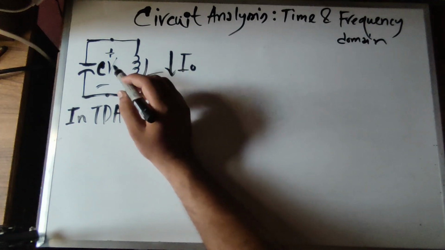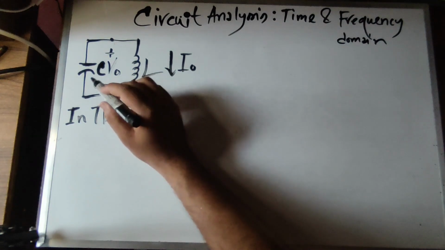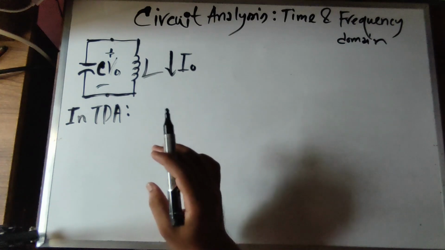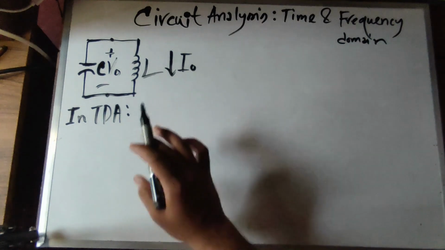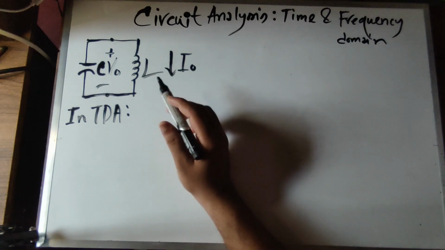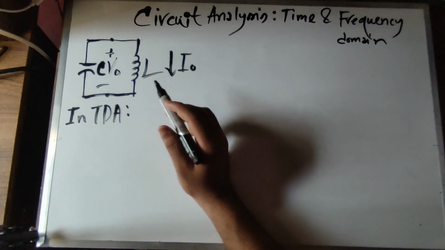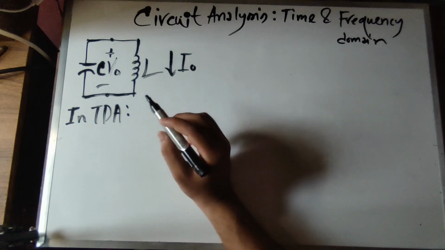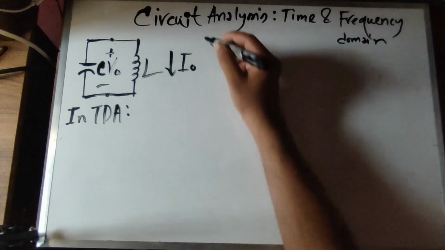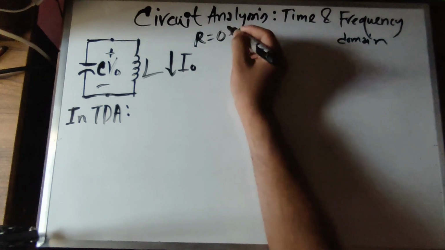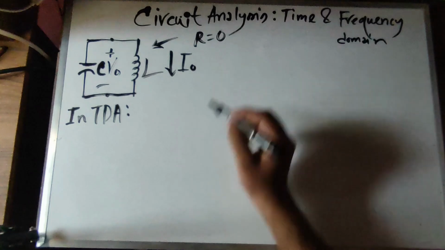There's no resistance in the two components, so the oscillating response will be a combination of sine and cosine, and the oscillation would go on continuously and for an indefinite time, as there's no resistance, there's no energy dissipation. So here R is practically zero in this circuit.